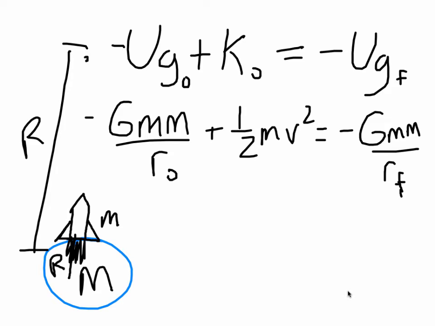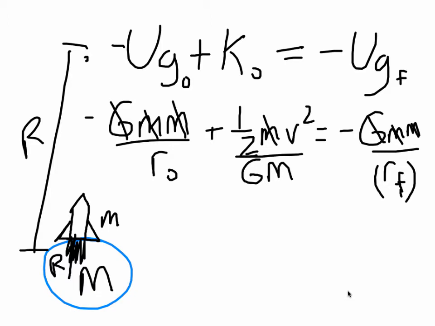So I'm trying to solve for my final height here. I've got to get everything away from rf. And if I'm looking for rf, I need to get rid of the G. So I'm going to divide that over and get rid of G and the two masses. Over here, I can get rid of the mass of the rocket and leave the mass of the planet and big G behind. So everything now has been divided over.